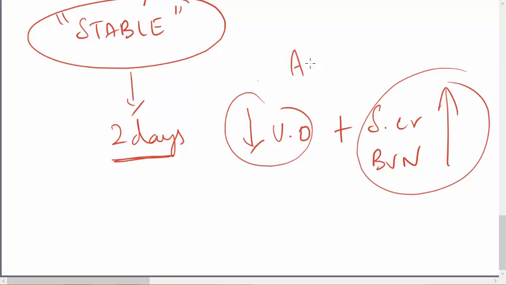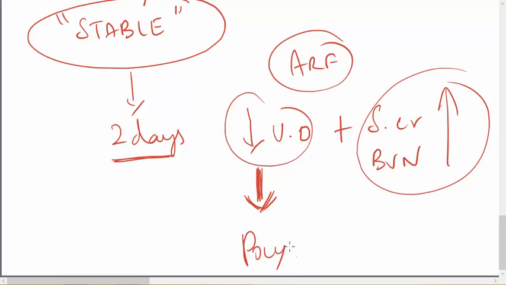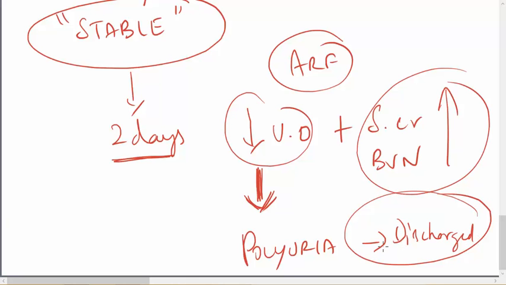So it is acute renal failure, and the oliguria is present for a few days. Then this oliguria becomes polyuria, and he is discharged after that. Understand? So it is a clear-cut case.